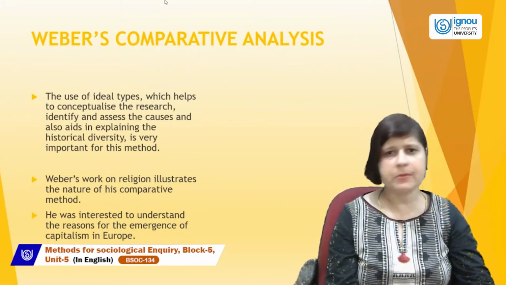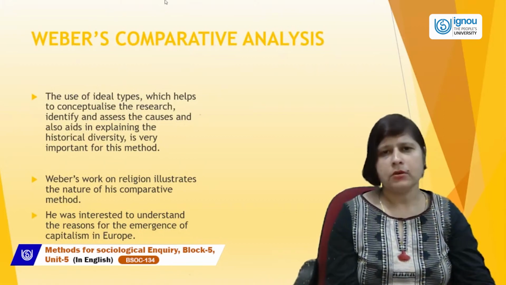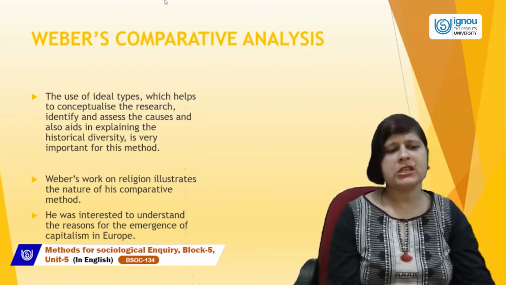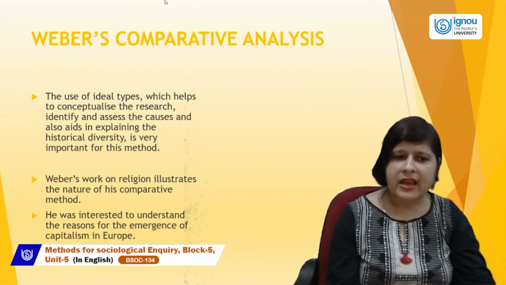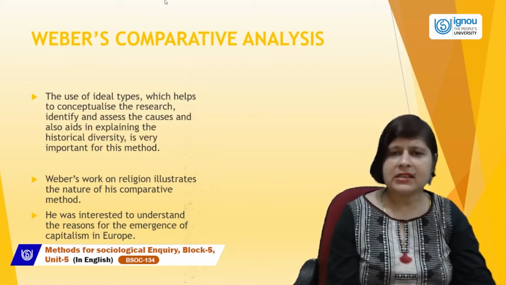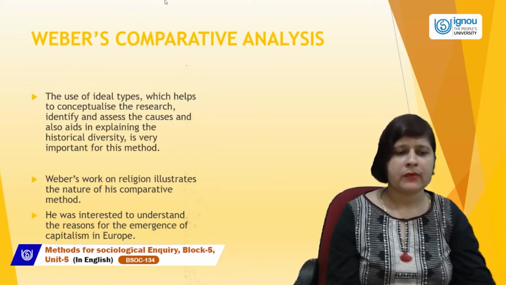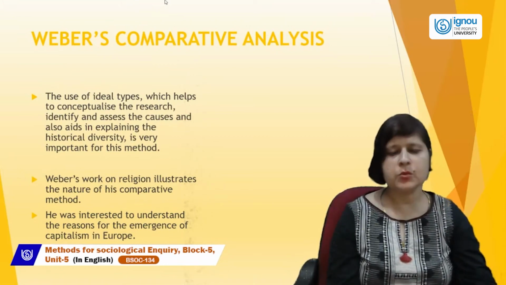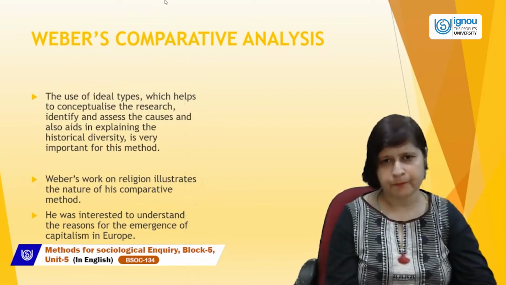We already discussed the ideal type. The use of ideal types helps to conceptualize the research, identify and assess the cause, and also aids in explaining historical diversity, which is very important in this method.